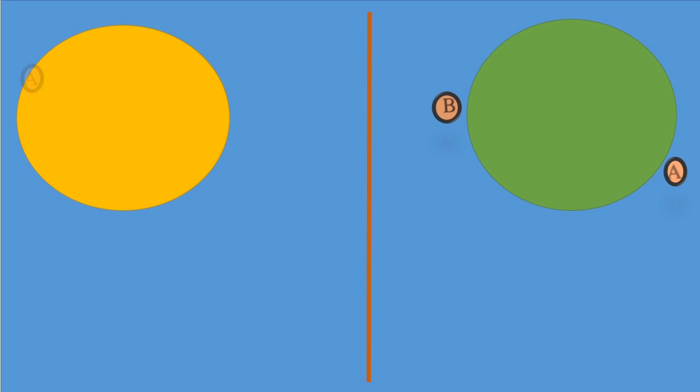And if I join A and B in the second circle, this is a chord.